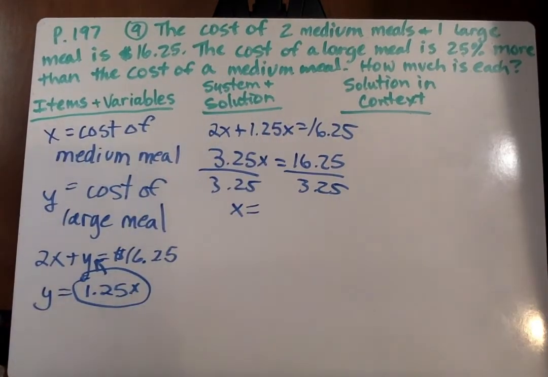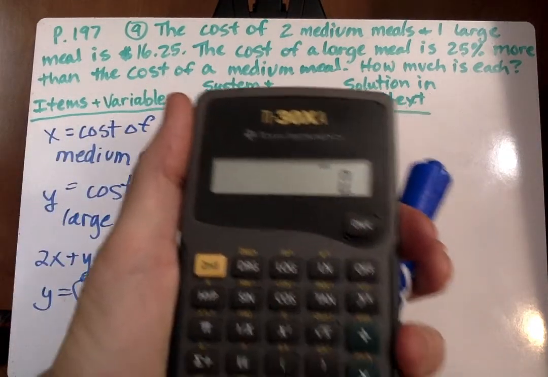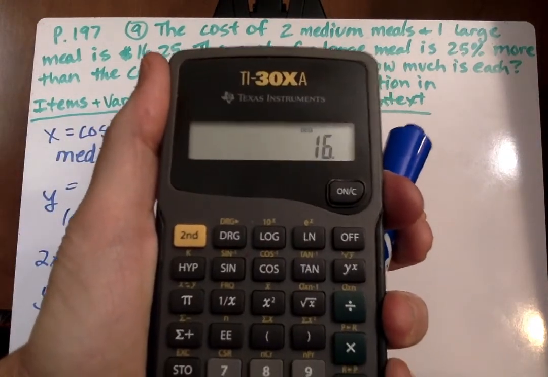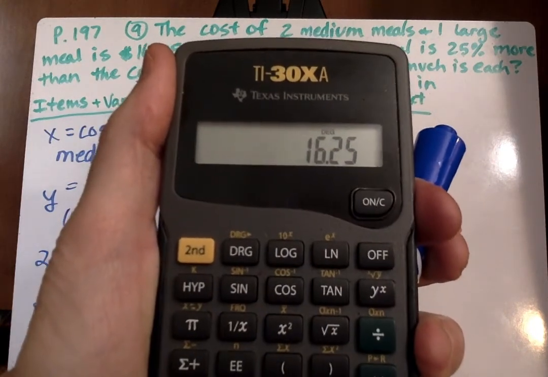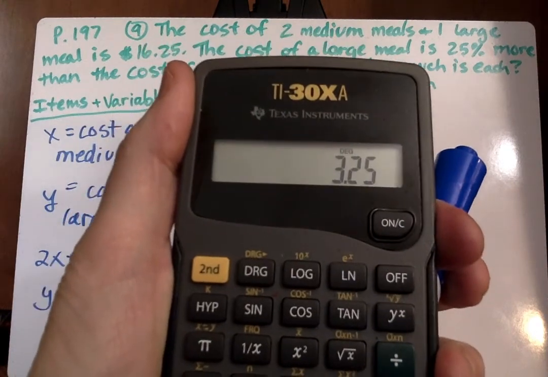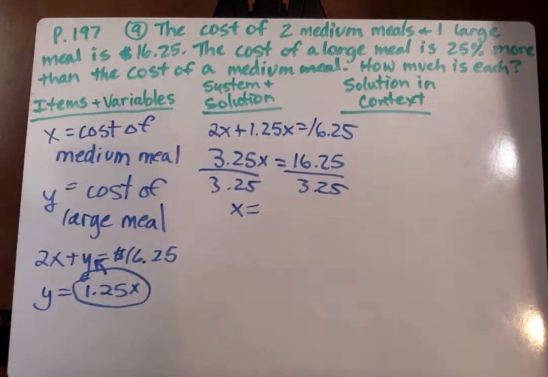Now is when we take our handy dandy calculator and we go 16.25 divided by 3.25. 5. Oh, well, that's a beautiful number.